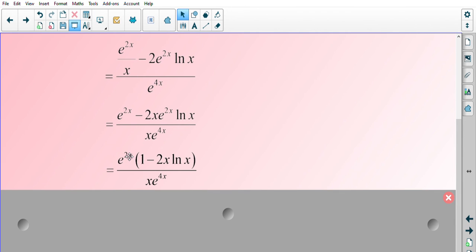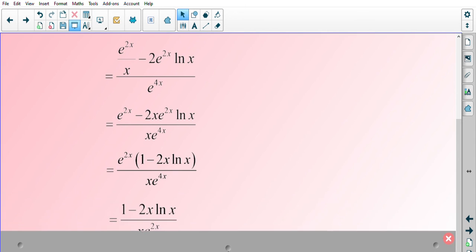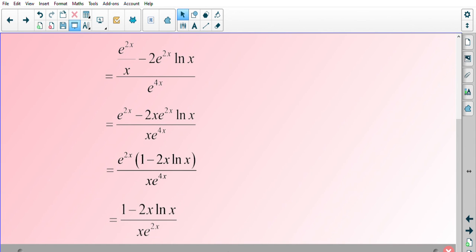That e to the 2x will disappear, and I'm left with my numerator as 1 minus 2x ln x. If I divide my denominator by e to the 2x, it gives me x, and taking 2x off the 4x gives me another 2x, so it'll be e to the 2x on the bottom. My final answer is 1 minus 2x ln x over x e to the 2x.